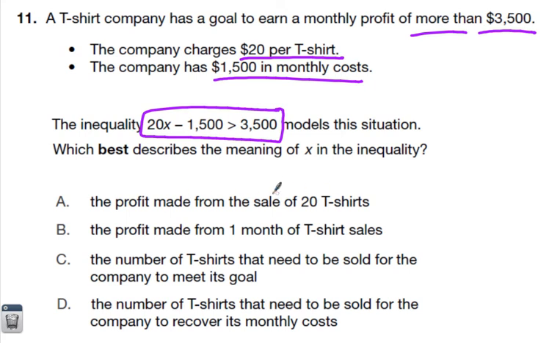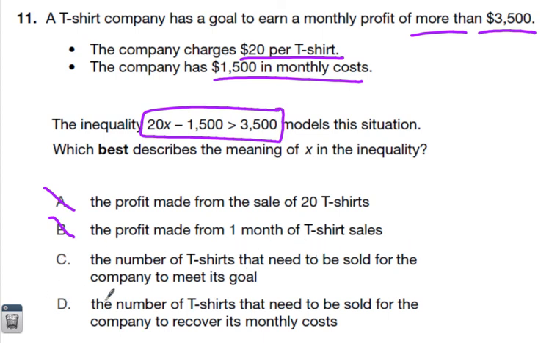the profit made from this, no. The profit made from, no, I don't even know what the heck is going on with that. 1 month, okay, because of the monthly costs. Sorry, okay, that does make more sense than I thought. But still wrong. Part C, the number of t-shirts that need to be sold for the company to meet its goal.